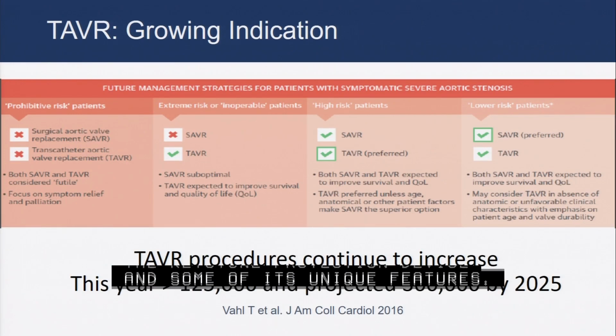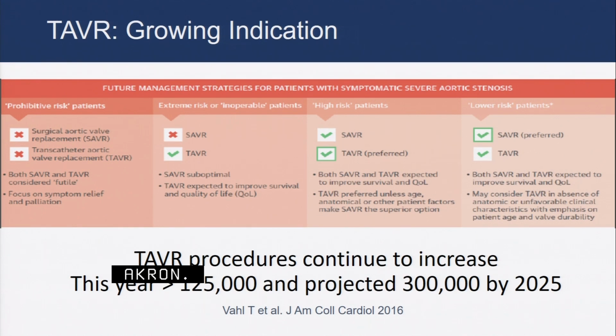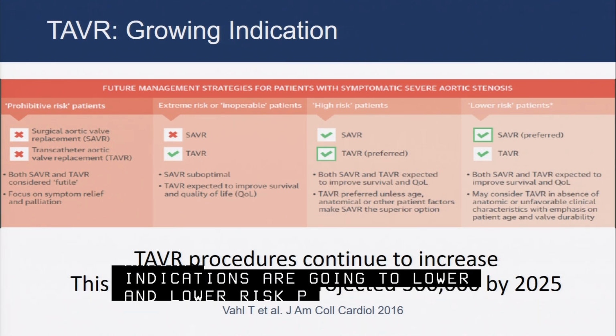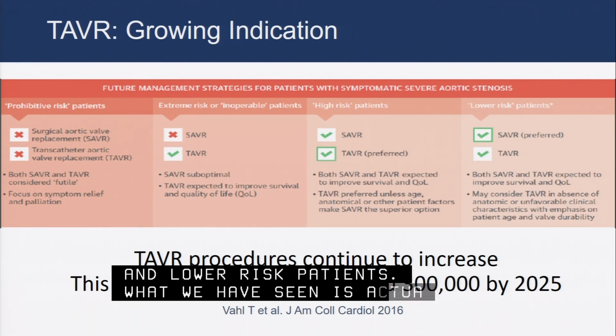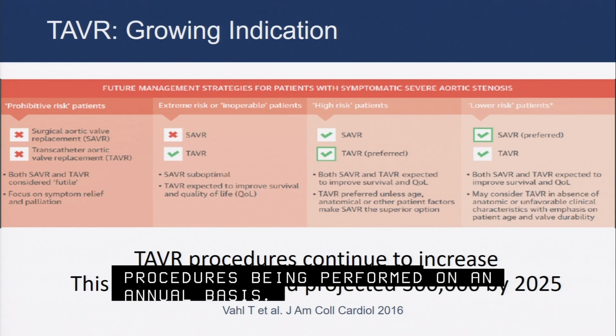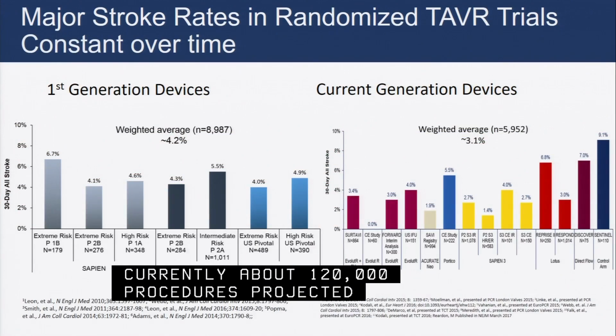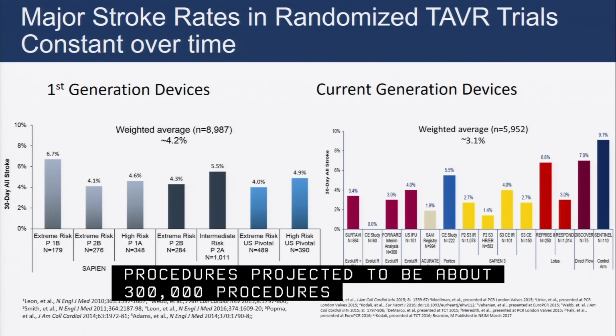As we know, as TAVR indications are going to lower and lower risk patients, what we have seen is an increase in the number of TAVR procedures being performed on an annual basis, currently about 120,000 procedures, projected to be about 300,000 procedures by 2025. We're here to talk about stroke.